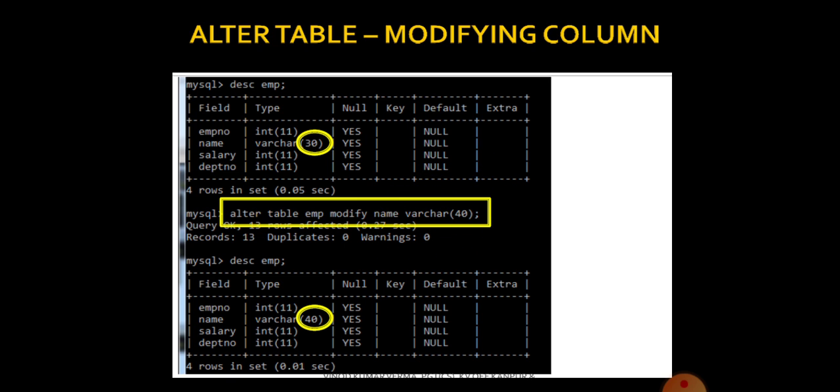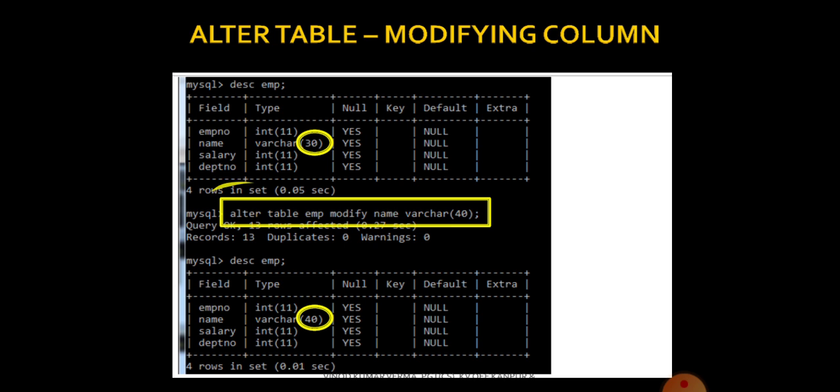So how to change the salary into a decimal data type? I will give the example. Alter table employee, modify salary, decimal of 7,2. Decimal of 7,2. That is the only change we need to give.